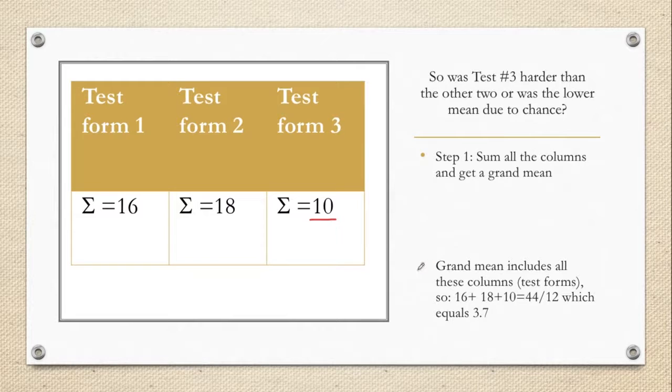Your next step is to get a grand mean. That is the mean for all of the observations. So it includes all the columns. So once I've got sums for each of the columns, I just sum that up again and divide it by 12, which is the number of observations I have, which gives me a grand mean of 3.7.